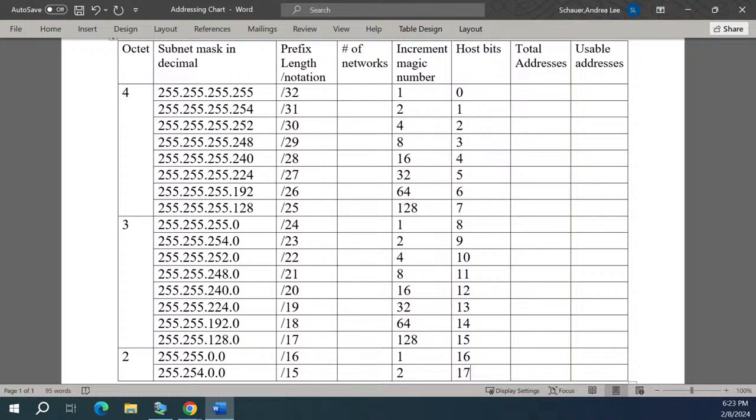So the math behind this is, let's do this one. 2 raised to what? 2 raised to the number of 1, which equals 2. And this one would be 2 raised to the number of host bits, which is 2 raised to the power of 2.